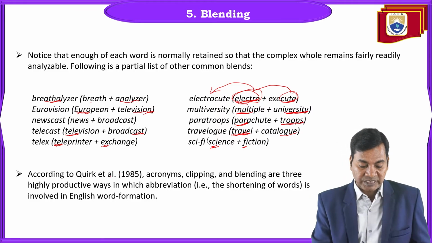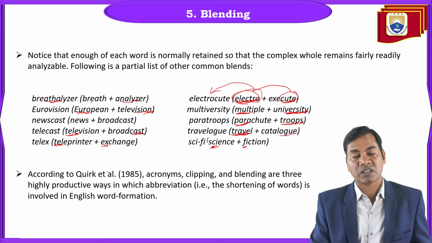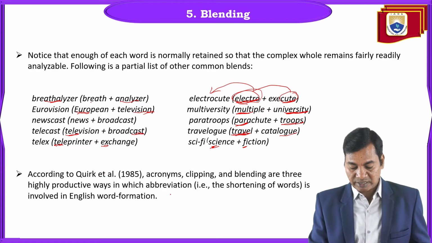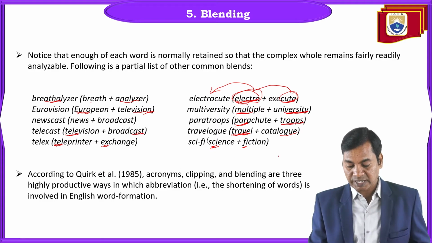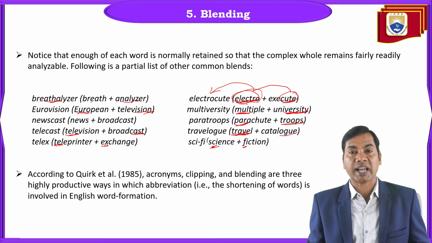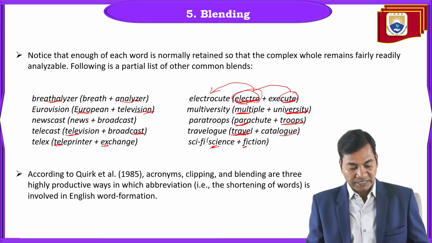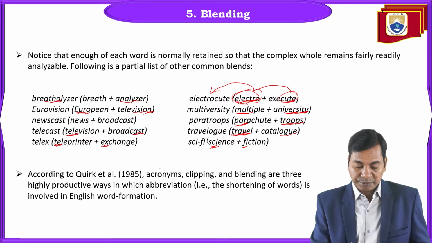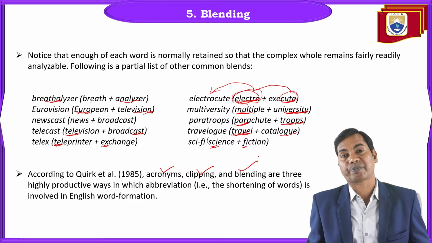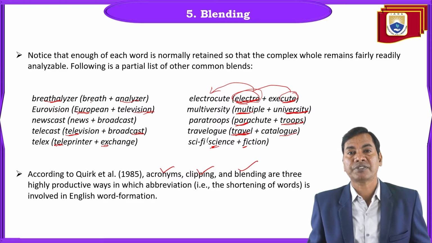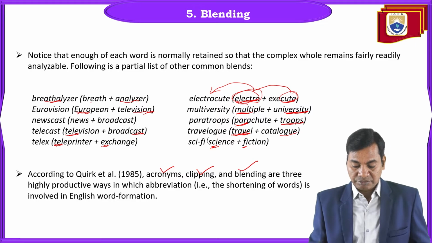According to Quirk, the famous grammarian Randolph Quirk, acronyms, clipping, and blending are three highly productive ways in which abbreviation is involved in English word formation. So these three types of word formation are highly productive in the English language, right? Well, we didn't look at acronyms and clipping.